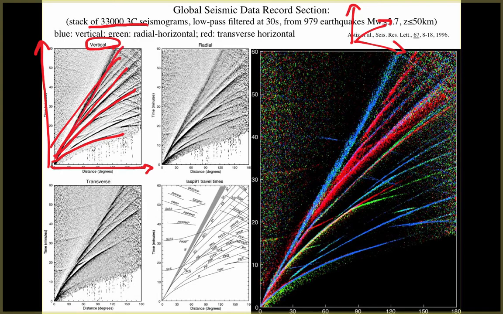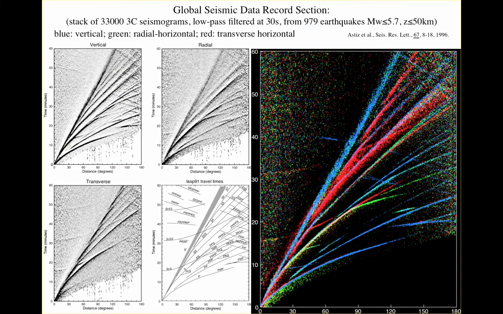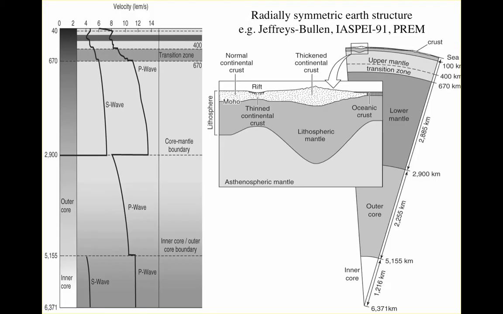The fact that all these seismograms from many different earthquakes around the Earth all have the same arrival times at the same distance shows us that to a first approximation the Earth is spherically symmetric. And this arrival time information has been used over the last 100 years or so to develop the symmetric model of the Earth.